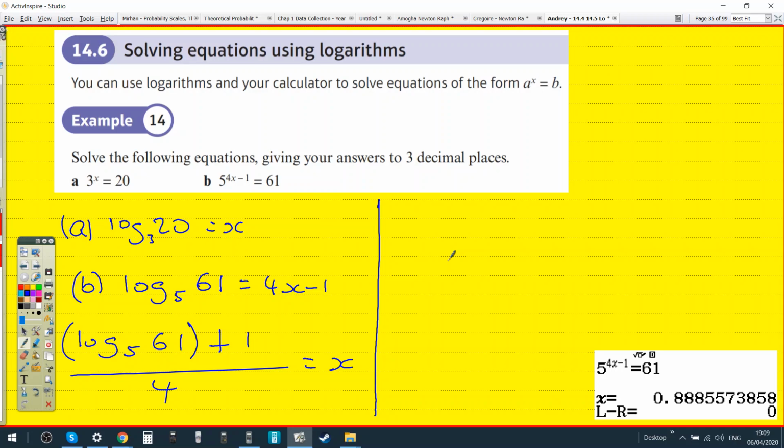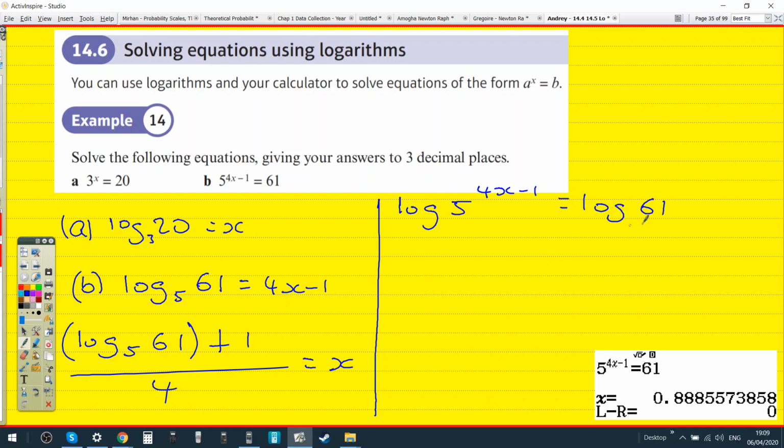No. So the book uses the method that we did last time, and looking back on it, it kind of makes sense for that one. For this one, if I took logs of both sides, so I did log 5 to the 4x minus 1 equals log 61.